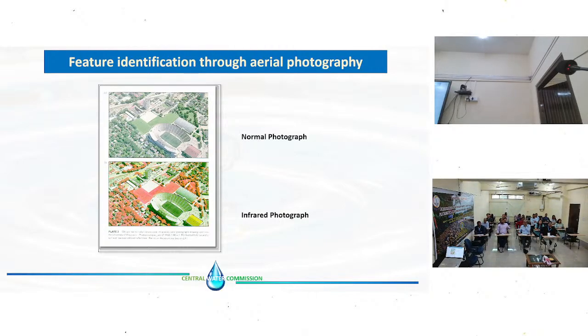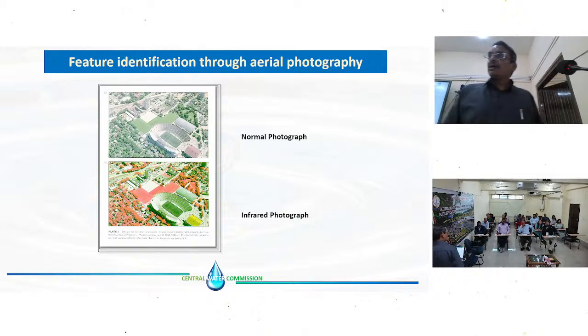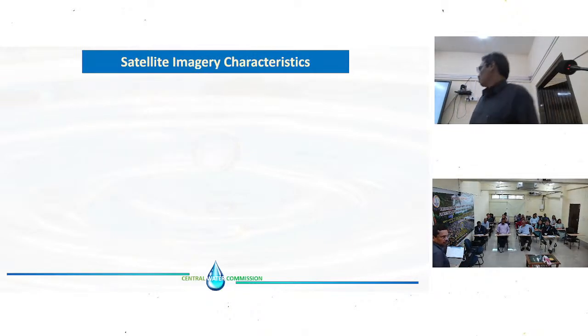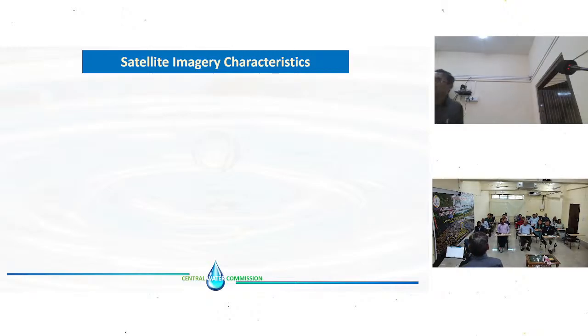So you can easily make out that this is artificial turf, because had it been natural grass, it would have had reflection in NIR and would have appeared red.